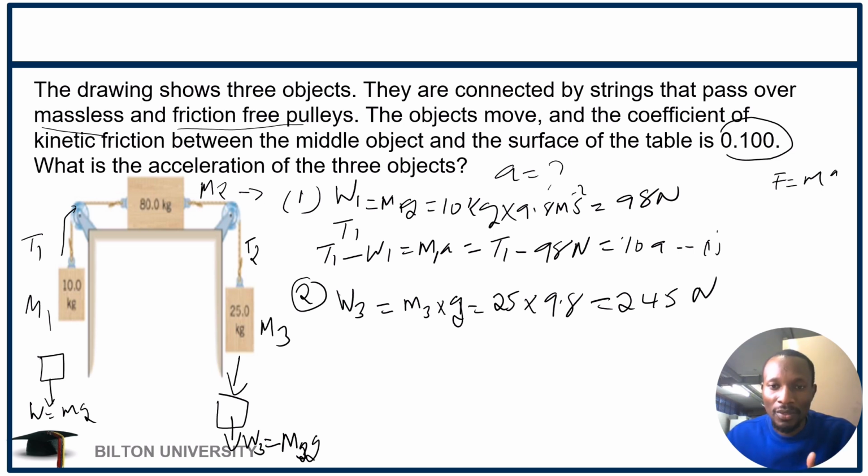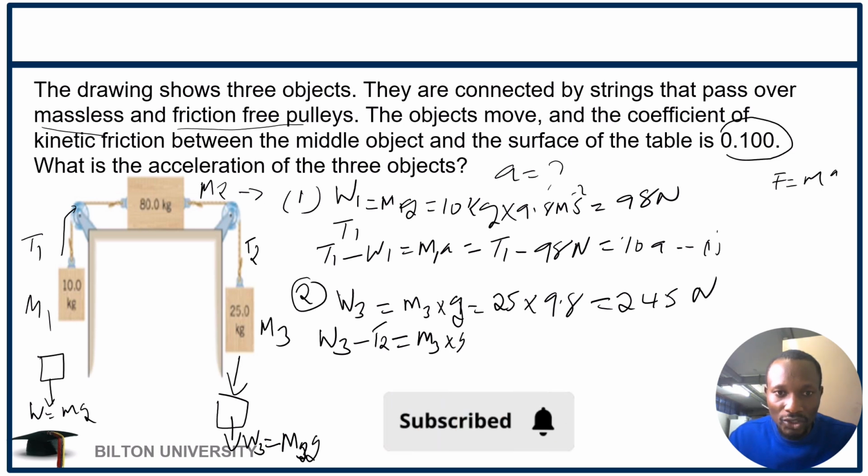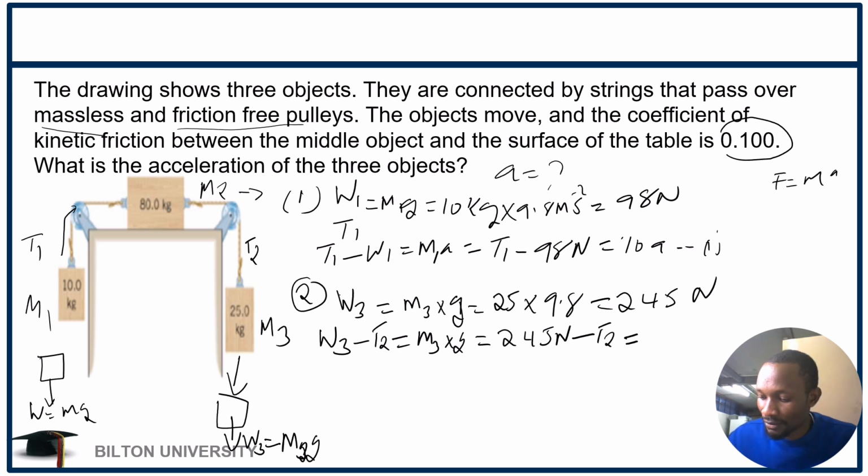So we can equate the vertical forces to the force due to the second law of motion. Then we can say W3 minus T2 is equal to M3 times a, so W3 is 245 Newtons minus T2 is equal to M3, which is 25, times a, so 25a.